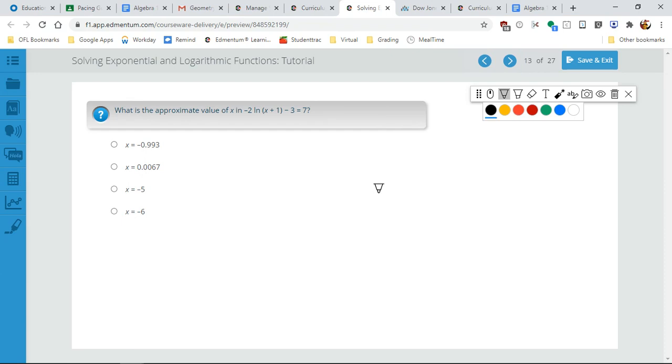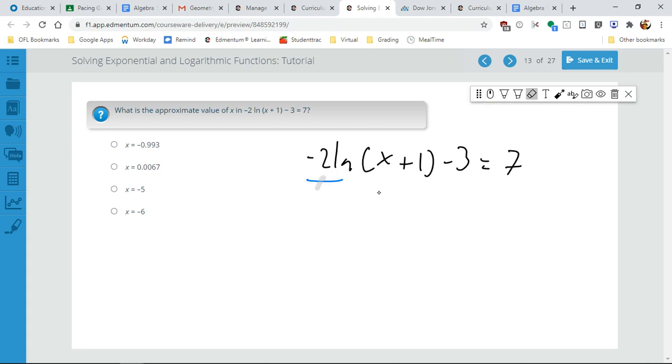So first, I'm going to rewrite this. So we have negative 2 ln quantity x plus 1 minus 3 is equivalent to 7. So what I'm going to do here is first I want to divide by this, or I'm getting ahead of myself, sorry guys.